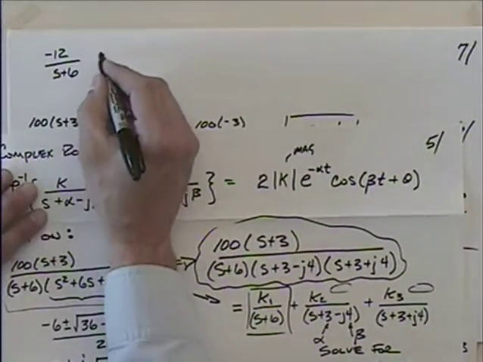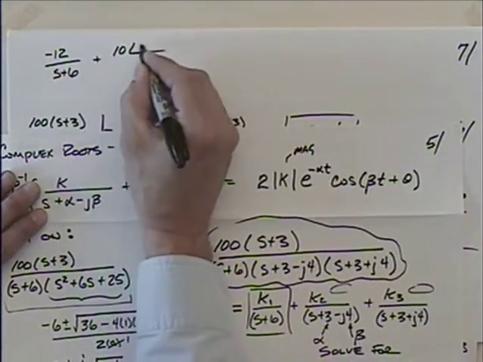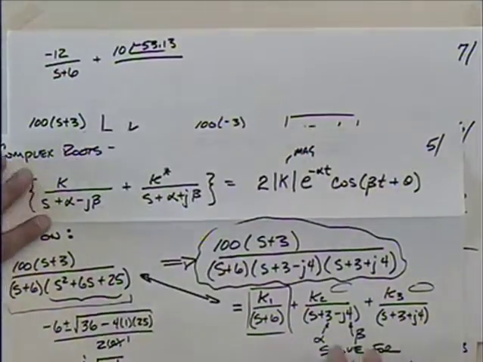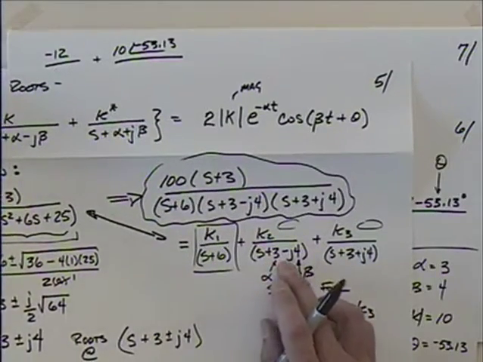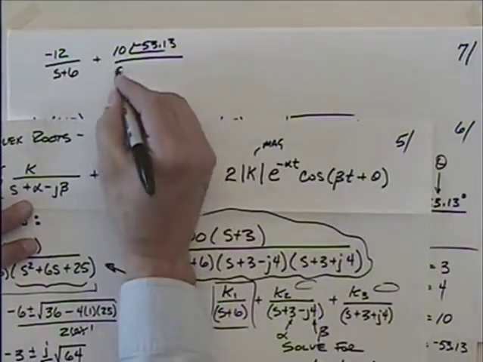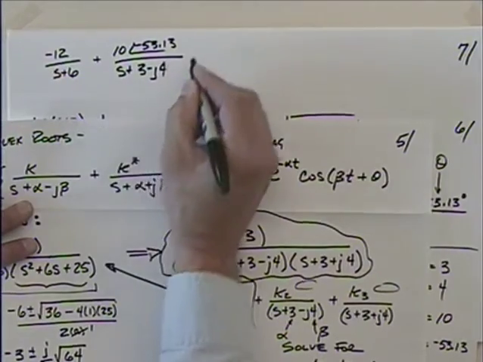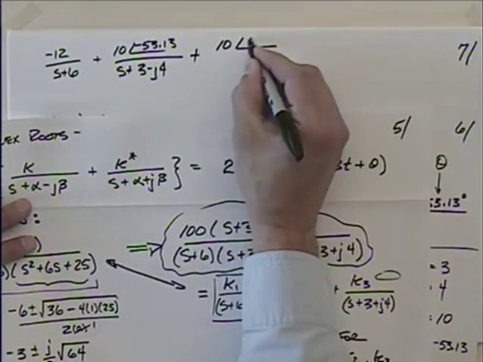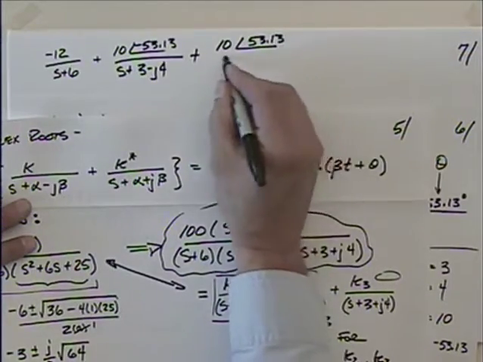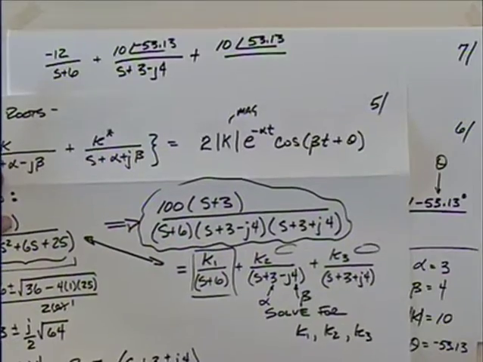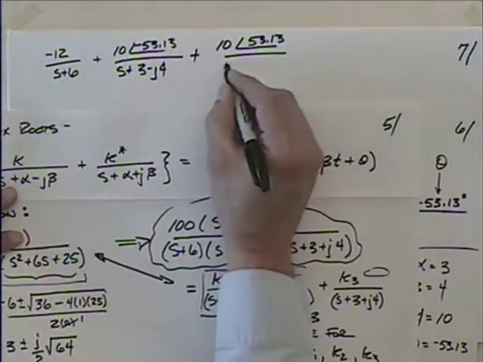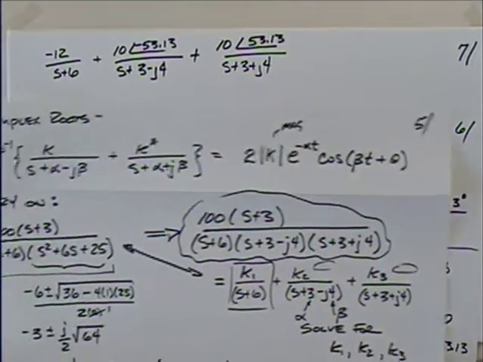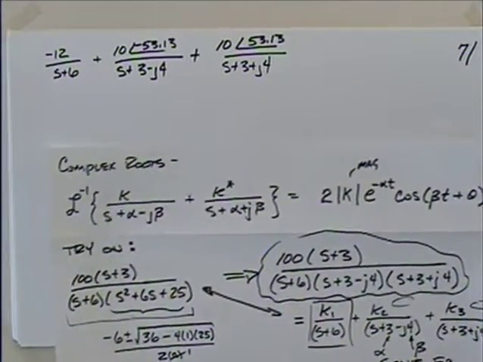So I had plus 10 at an angle of minus 53.13, and that was over, which one was that over? S plus 3 minus J4. And then I had the last one, which is the complex conjugate of that, 10 at plus 53.13, and I'm dividing that by S plus 3 plus J4. Okay. So that's what I have.